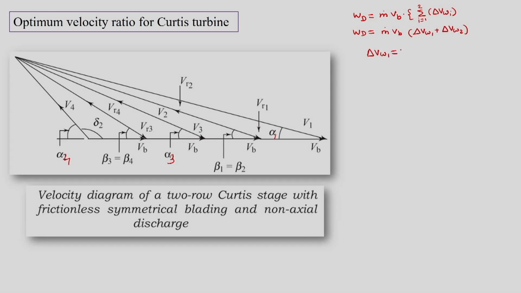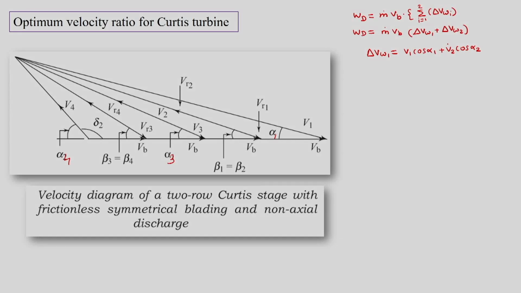Now delta Vw1 is equal to V1 cos alpha 1 plus V2 cos alpha 2.